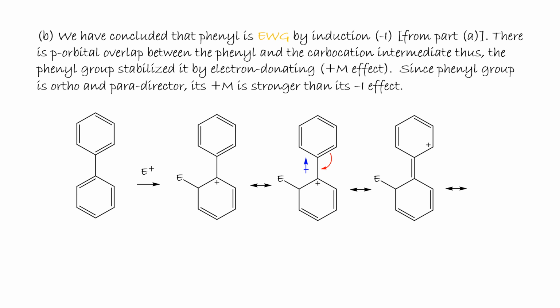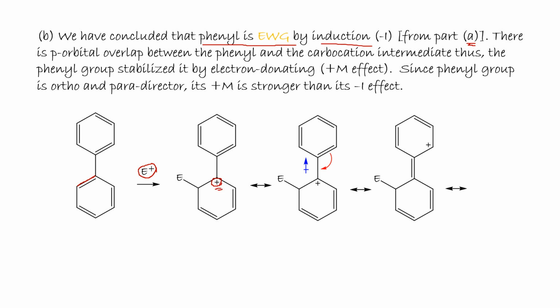From this experiment, we have found that the phenyl group is an electron withdrawing group by induction in part A. In the case of electrophilic aromatic substitution, for the biphenyl example, the electrophile will be attacked by the double bond, forming an intermediate sigma complex.